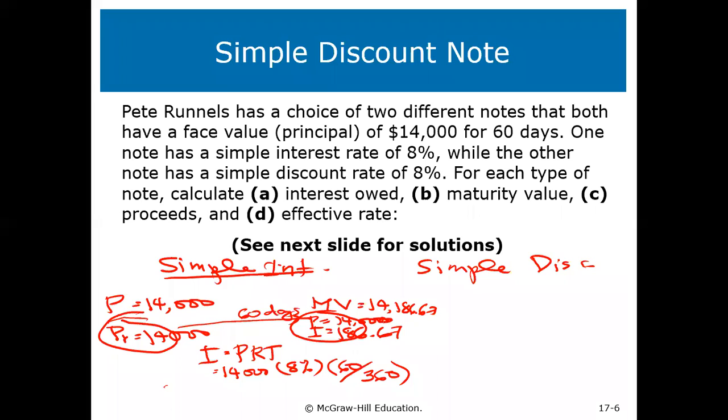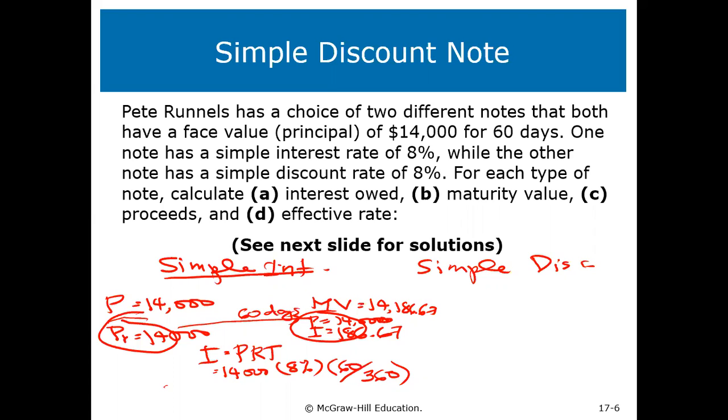Okay. So sa simple interest, we have studied this before already, no? So quick review lang to. Umutang si Pete ng 14,000, ang proceeds niya 14,000 din. 60 days to, and at 8% interest rate, makukuha natin yung interest, which is equal to PRT.